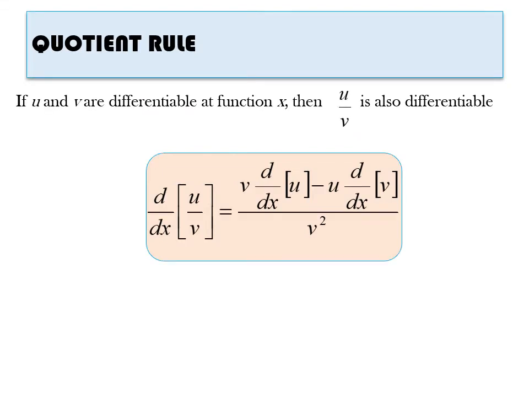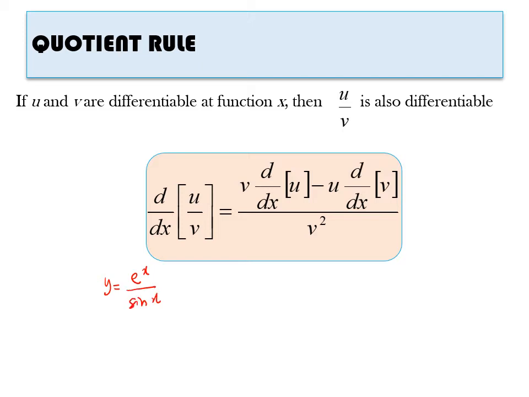Okay, now we move to the quotient rule. So we will apply the quotient rule when we have a type of function like u over v. For example, maybe you have y equals e^x over sin x.